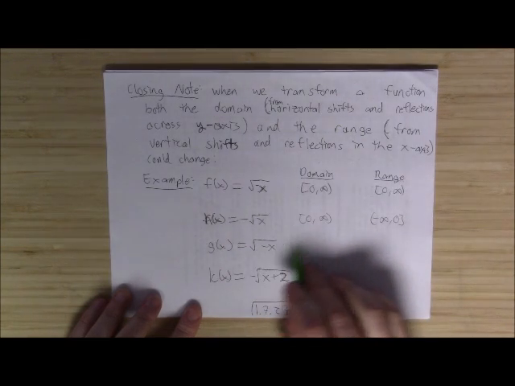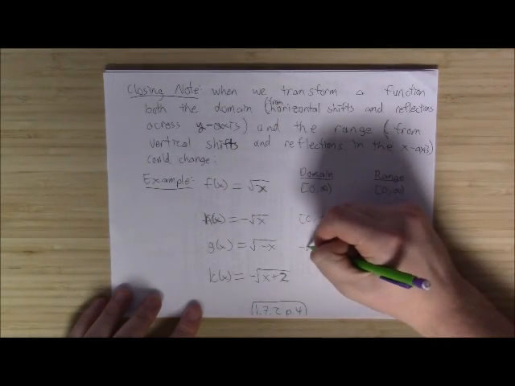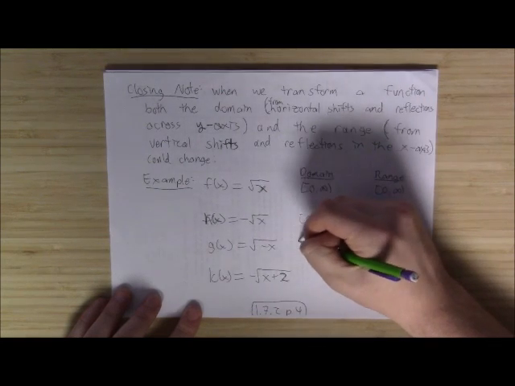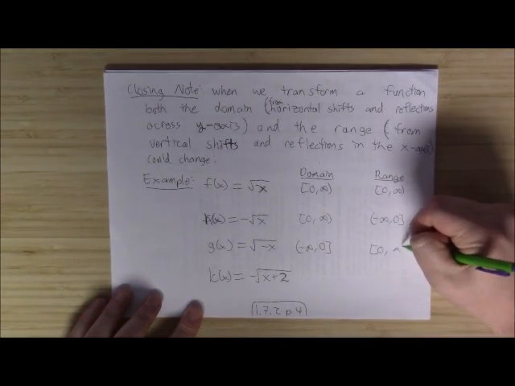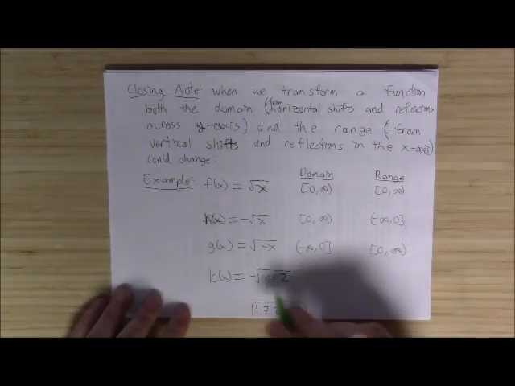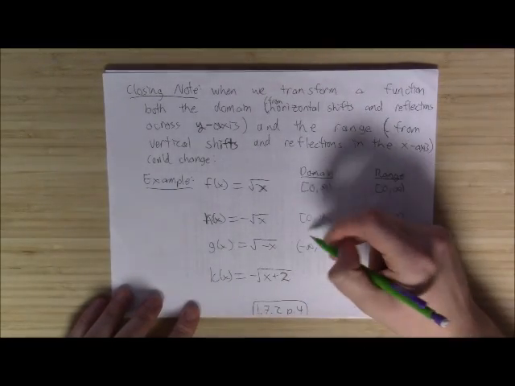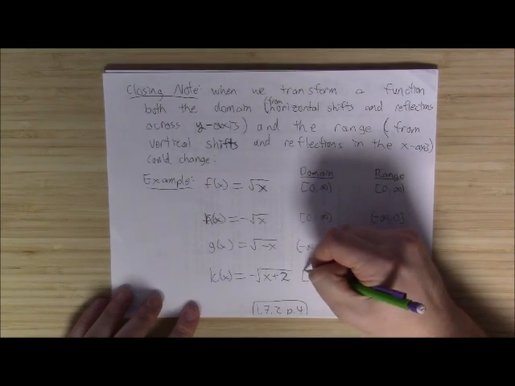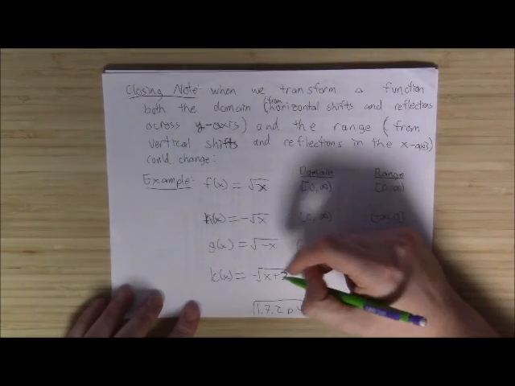Here, the domain gets flipped in this one, so negative infinity to 0. But the range stays the same, 0 to infinity. In this example, we actually add 2, so the domain gets shifted. Originally, the domain was 0 to infinity, but now it's going to be shifted backwards by 2.